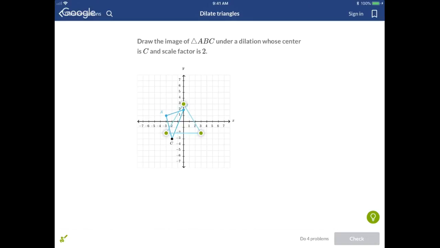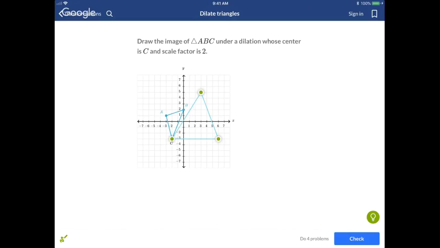And this first problem says, draw the image of triangle ABC under a dilation whose center is point C and the scale factor is 2. So this is my triangle I'm supposed to move around, and I'm supposed to make a dilated new triangle, scale factor 2, about point C.